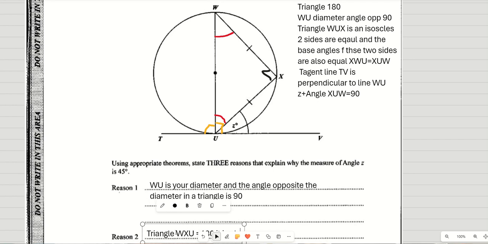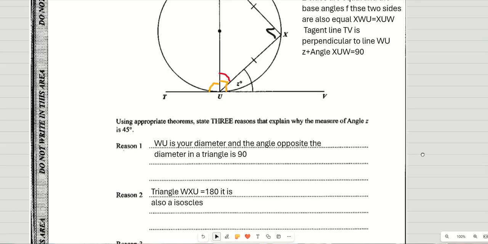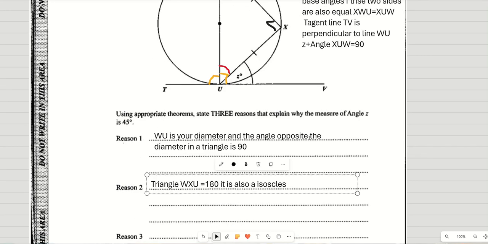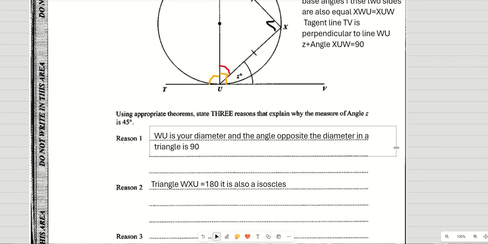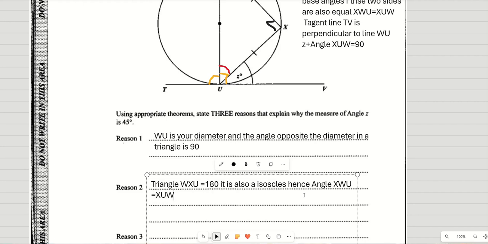It is also an isosceles, hence angle XWU is equal to XUW.